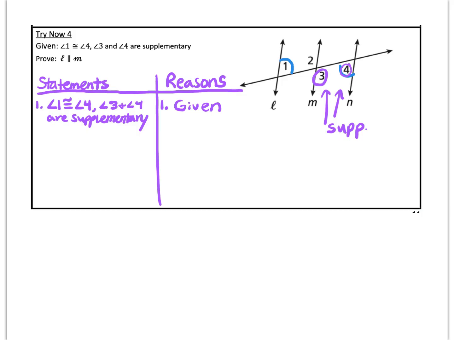Next, we're going to want to use the definition of supplementary, and we're going to want to use a substitution. So rather than congruent angles, let's switch angle 1 congruent to angle 4 to the measure of angle 1 is equal to the measure of angle 4 by definition of congruent angles.